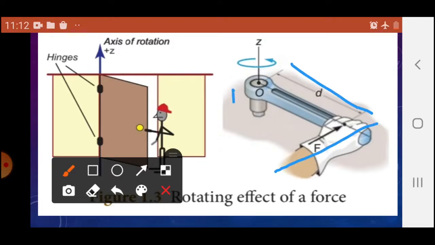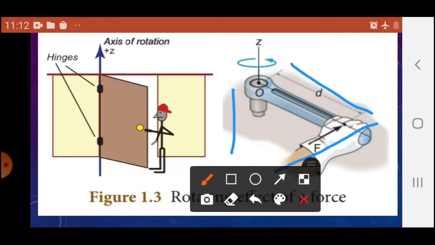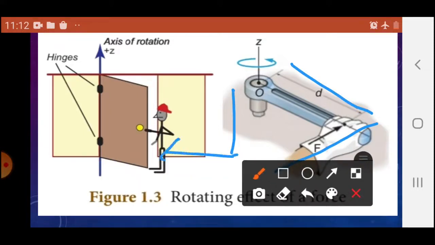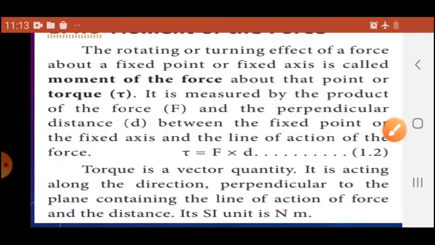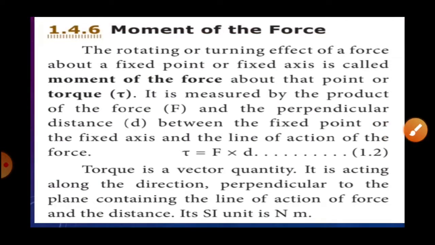The force and perpendicular distance will be exactly at 90 degrees. The product of force and perpendicular distance is called moment of force. So they have given, torque is equal to F into D, force into distance.